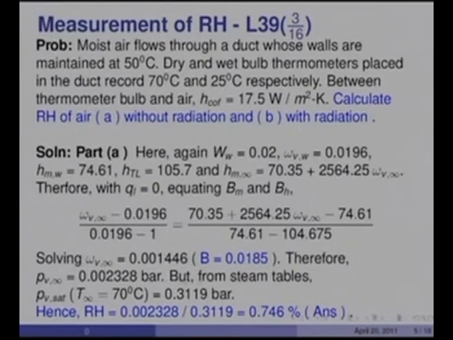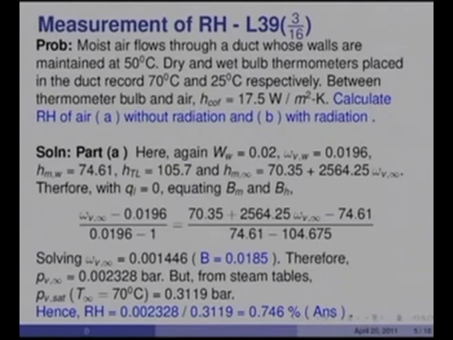And from the steam tables, P V sat corresponding to T infinity equals 70 degree centigrade, which is the dry bulb temperature, would be 0.3119 bar, and therefore, relative humidity will be the actual partial pressure divided by the saturation partial pressure, which gives us 0.746% as the relative humidity when radiation was neglected. So, that means the moist air has a relative humidity of 0.746%.